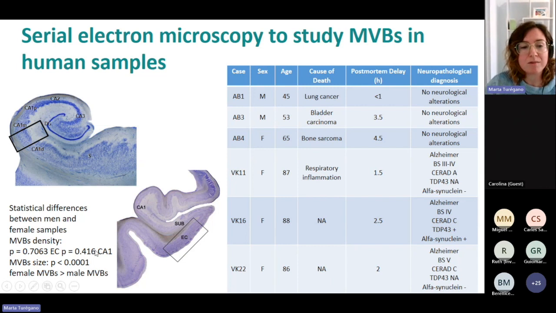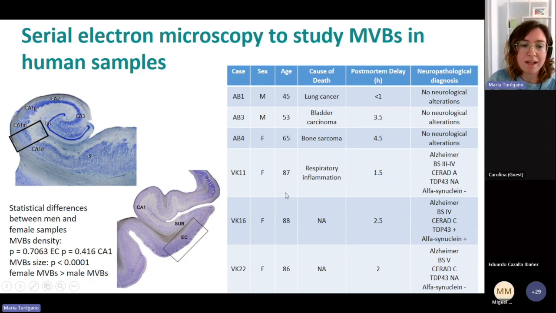So I'm not really sure if this result is related only to sex, because as you can see here, the samples from males are from a younger age, so more samples are needed to have a more balanced distribution of the samples.